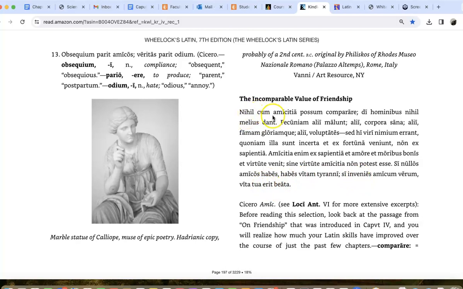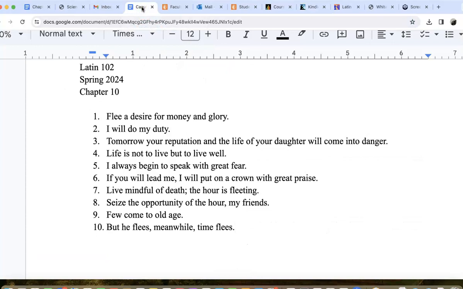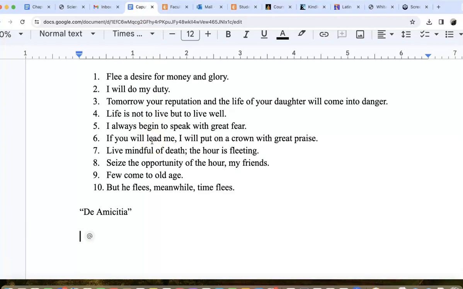All right, so let me go over this one right here. Nothing with friendship I am able to compare. So you might want to change the word order. And so we'll call this Amicitia, which was actually the title of the original essay. So I am able to compare nothing with friendship.